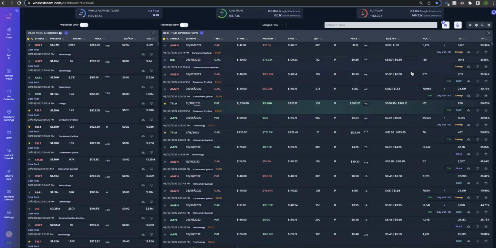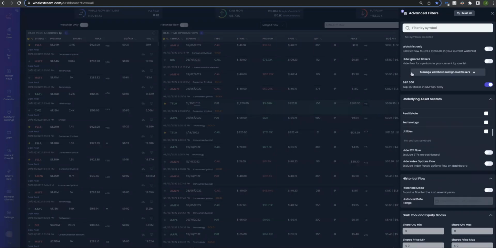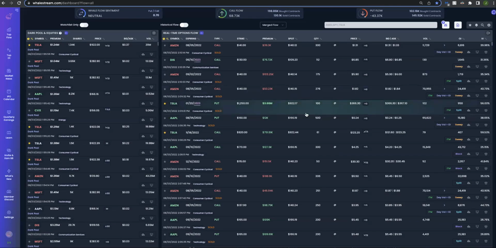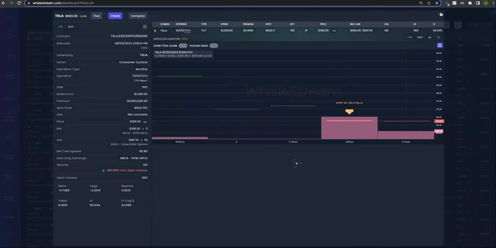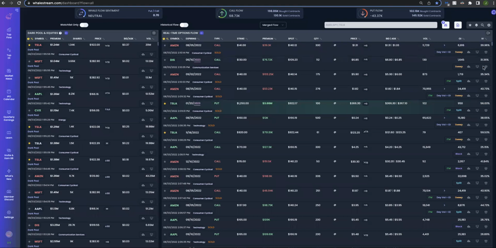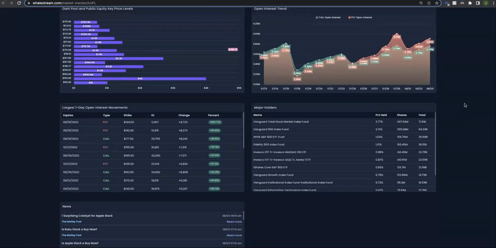Literally everything on here is clickable, and it'll filter in all those ways. And then we have so many different filters to choose from in our filter panel. With that, plus the order X-ray tool and the market tracker, which is this page over here, which has all these different analyses.